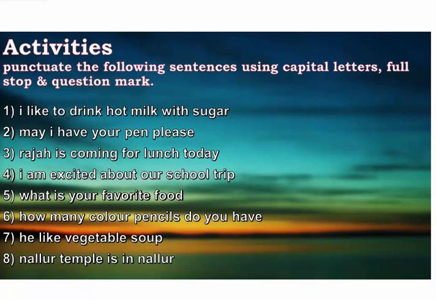First one: I like to drink hot milk with sugar. May I have your pen, please? Raja is coming for lunch today. I am excited about our school trip. What is your favorite food? How many color pencils do you have? He liked vegetable soup. Nellore temple is in Nellore.